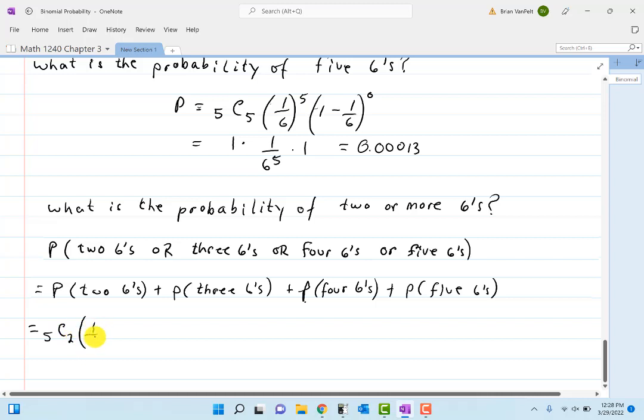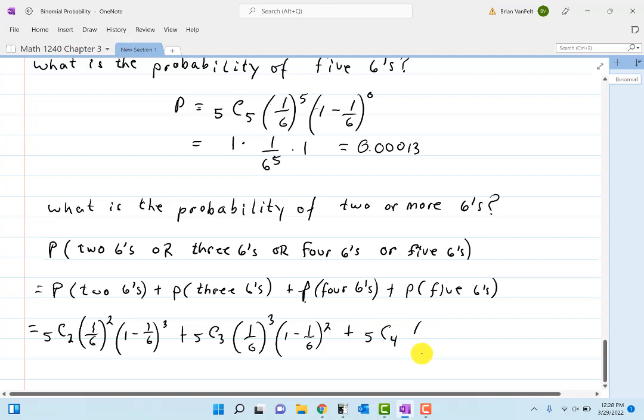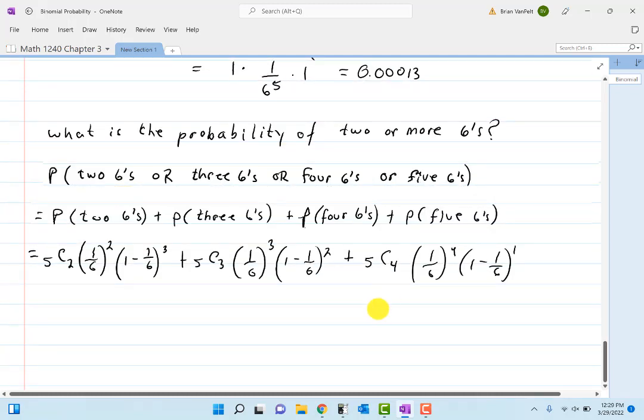5c2 times 1/6 to the 2 times 1 minus 1/6 to the 3, plus 5c3 times 1/6 to the 3 times 1 minus 1/6 to the 2, 5c4 times 1/6 to the 4th times 1 minus 1/6 to the 1st, and I'm running out of space, so I'll put it under here, plus 5c5 times 1/6 to the 5th times 1 minus 1/6 to the 0.